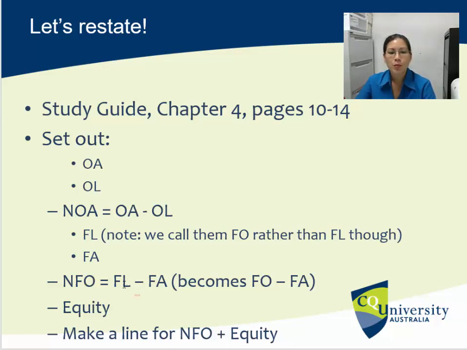Now, we put it in that order. Instead of FA minus FO, we do it inversely, simply because most companies have a larger amount of financial liabilities, i.e. bank loans, than they do with financial assets, usually cash. So because of that, we just flip the formula so it usually stays positive.